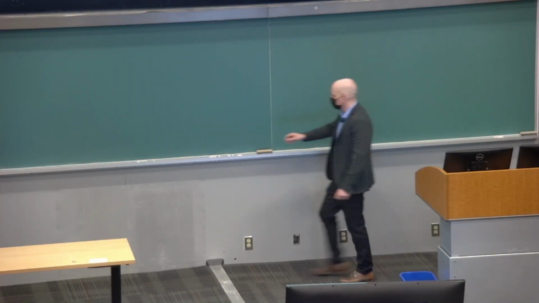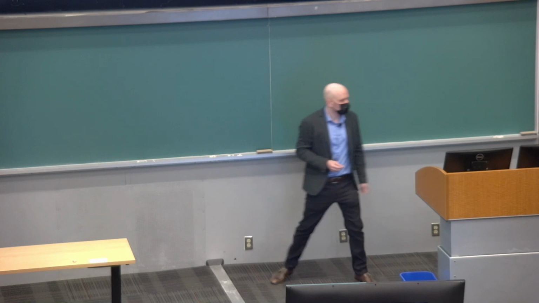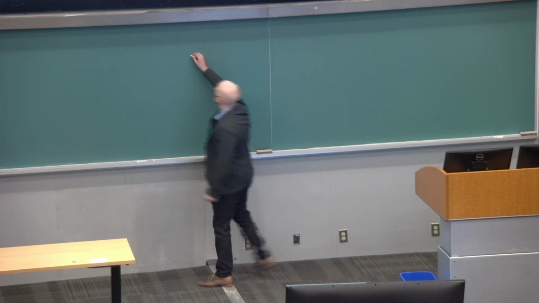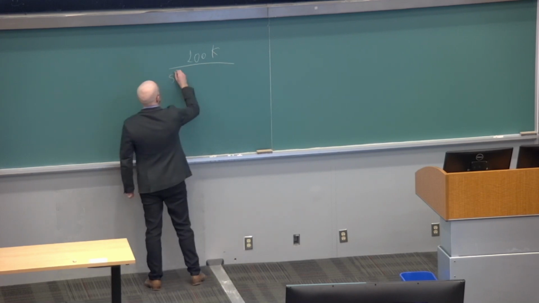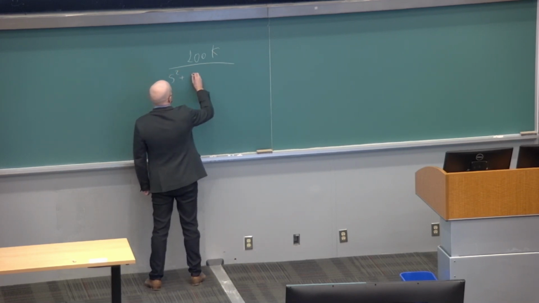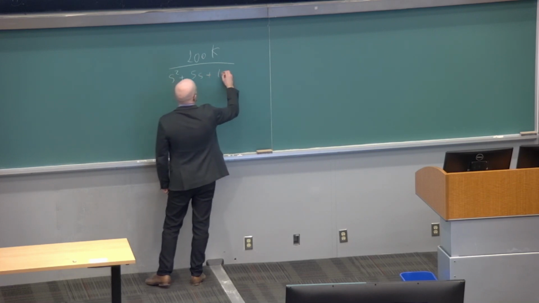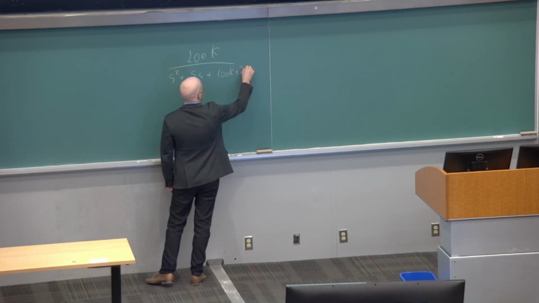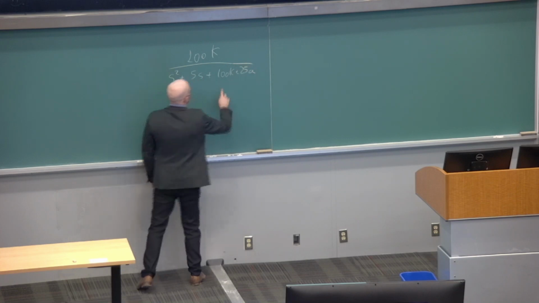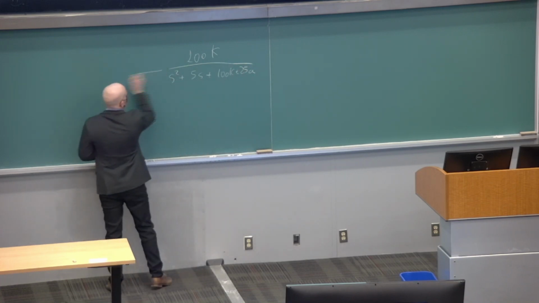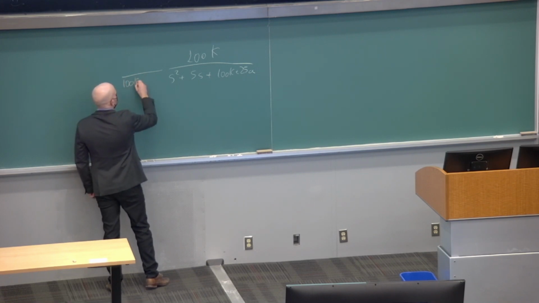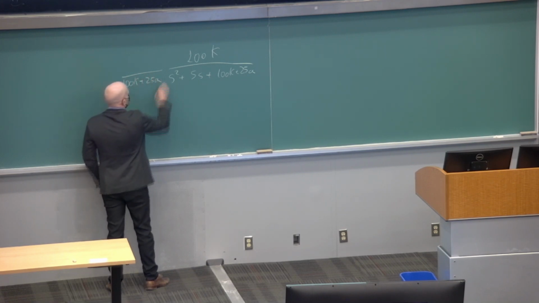So the equation is, I ran out of space there, 100K divided by S plus something, I don't know, 5S plus 100K plus 25A, when you don't have this on top there. But what you could do is do 100K plus 25A here.